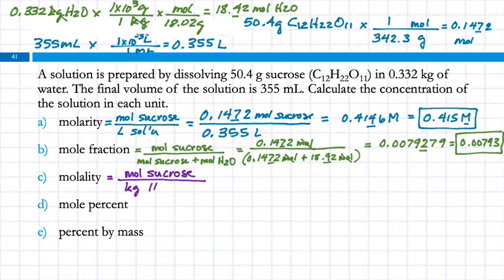So here our solvent is water. So this one, because of previous calculations we had to do, is going to be fairly simple. We already have our moles of sucrose, 0.1472 moles, divided by kilograms of water, which they gave us, 0.332 kilograms.